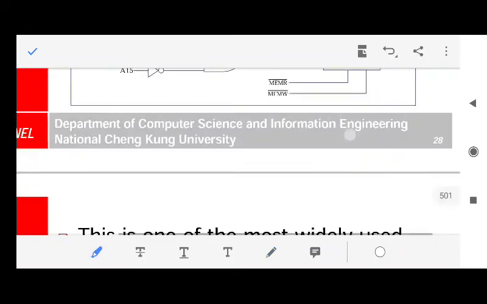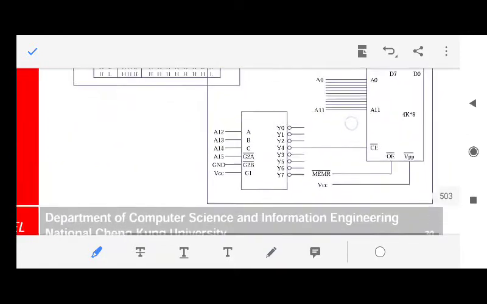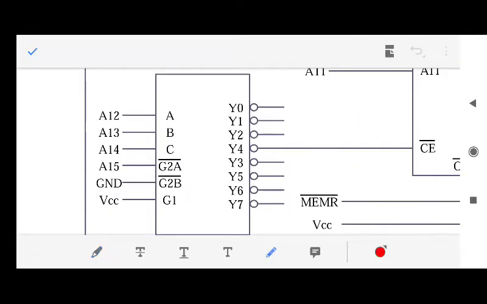If we wanted to use the decoder, then we have to connect the remaining 4 address lines. This is the decoder.